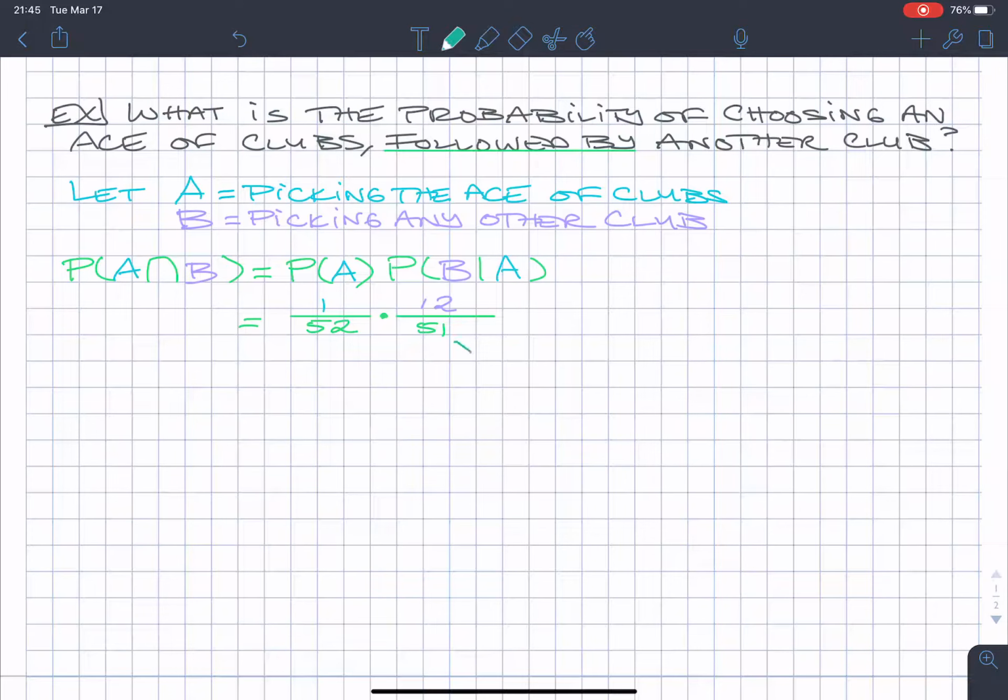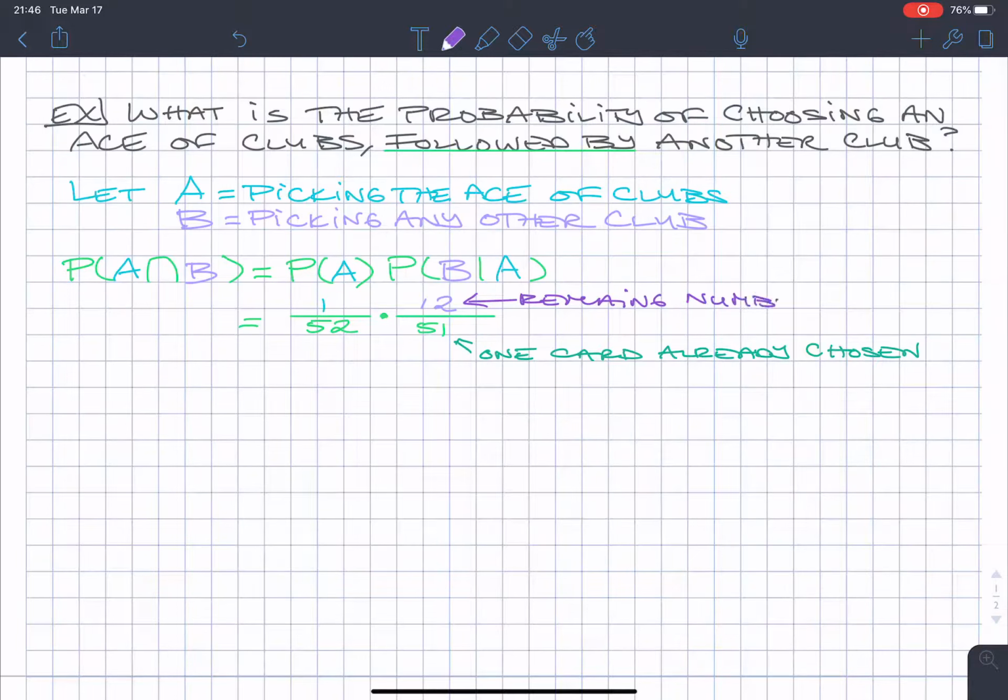So this number comes from one card already chosen, and of course that was our ace of clubs. And then the number on top is the remaining number of clubs, right?